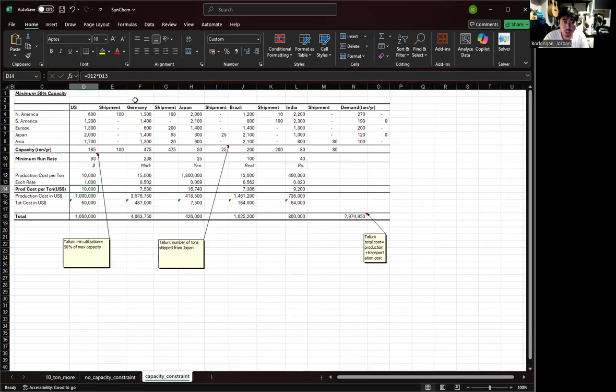Moving to Japan, it has fewer shipments than the US, considering its high production cost per ton. The same thing goes for Brazil.